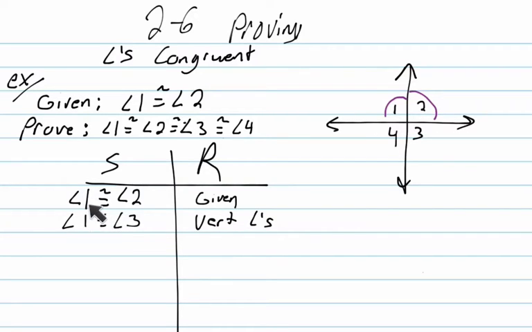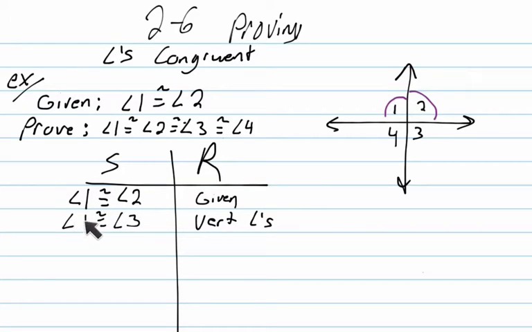All right, so let's look at what we got. We have angle 1 is congruent to angle 2. We have angle 1 that's congruent to angle 3. What else do we know? Angle 2 is congruent to what? Okay, so that's going to be true for the same reason, right? They're across from each other.